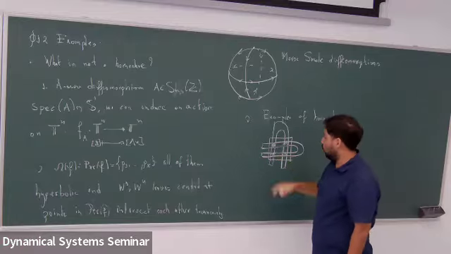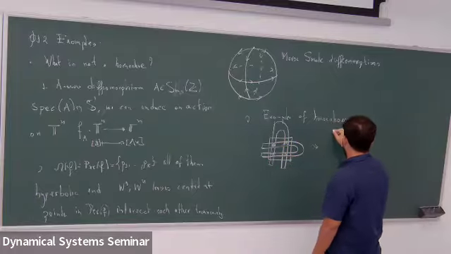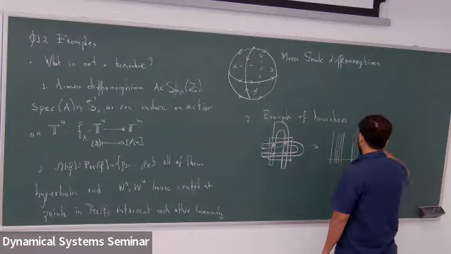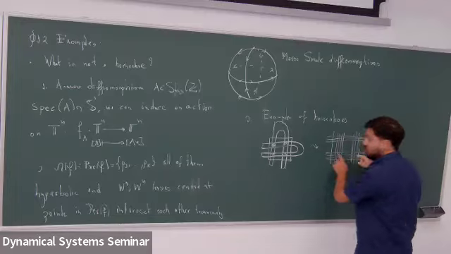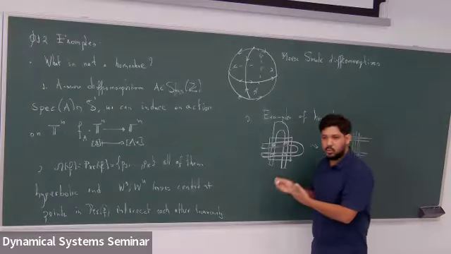If I keep iterating, what I see is 16 squares. And what I see then is a product of 2 Cantor sets. And these lines of intersection are exactly the points of the horseshoe. So as you can see, it's totally disconnected.